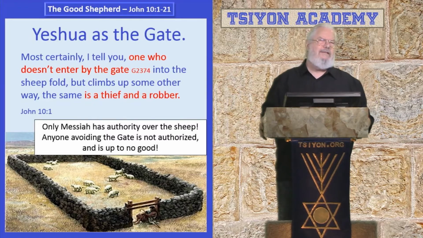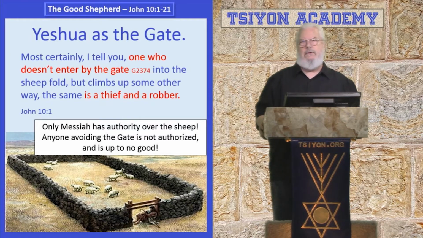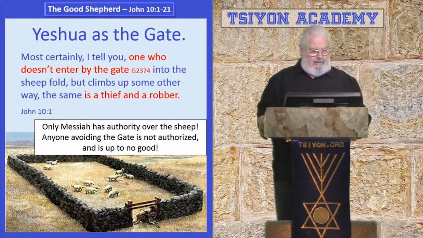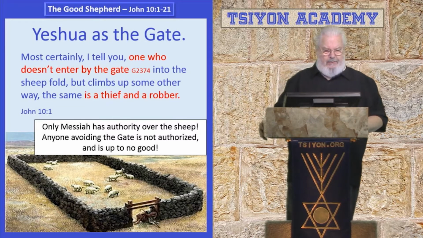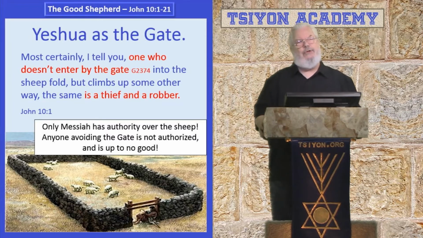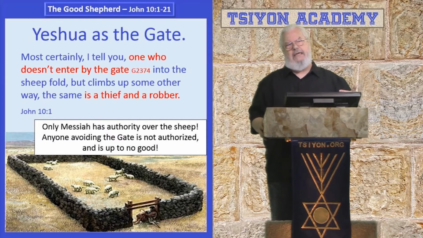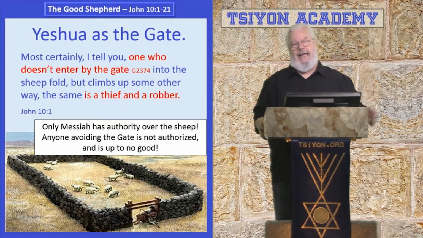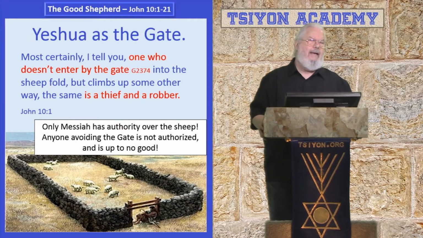And there are lots of thieves and robbers, friends, who have devastated the sheep. And this is just a fact. Anyone avoiding the gate is not authorized and is up to no good. Now you can take this from here and look at what has gone on in the world.